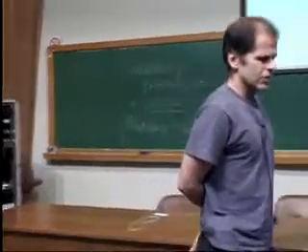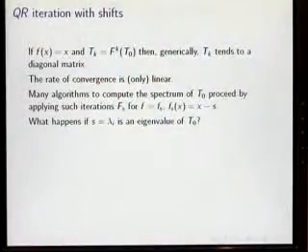In order to see how it's going to help, I invite you to consider this degenerate case, the case which we at first didn't consider, which is what happens if the shift equals one of the eigenvalues.